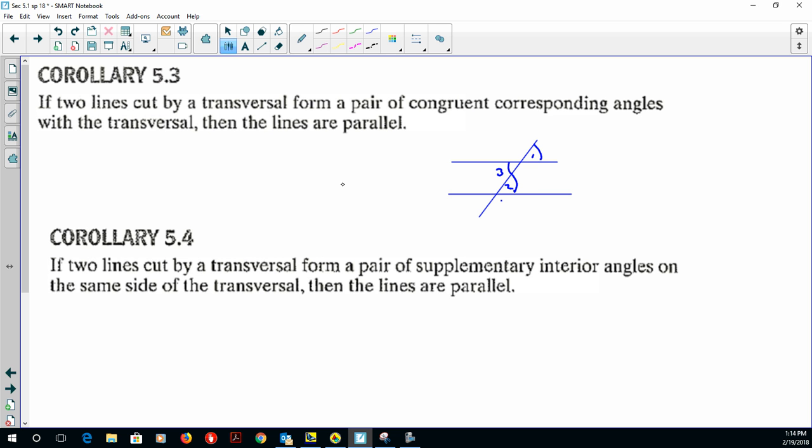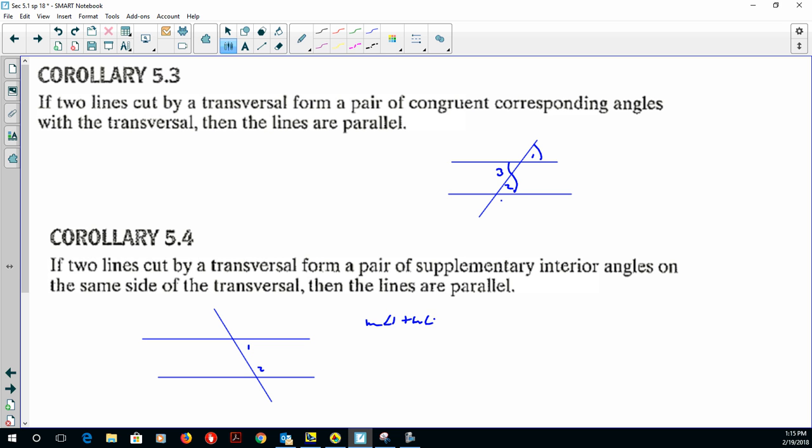5.4, something like: if two lines are cut by a transversal and they form a pair of supplementary interior angles on the same side of the transversal, like this one here, then the lines are parallel. So these two are supplementary, so angle 1 plus angle 2 is 180 degrees. Well, you know this.